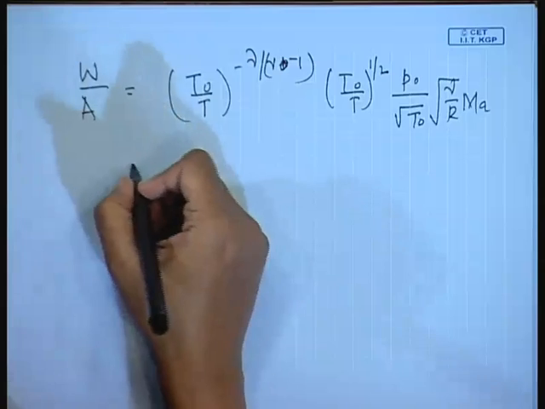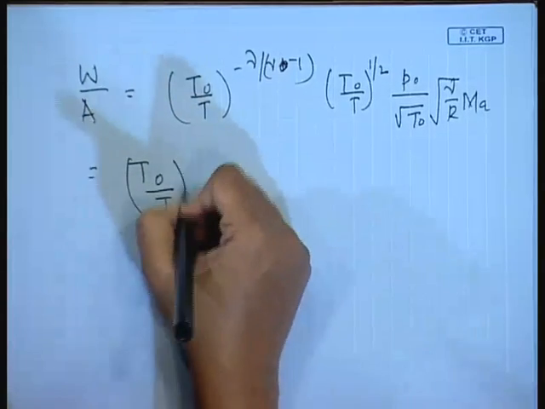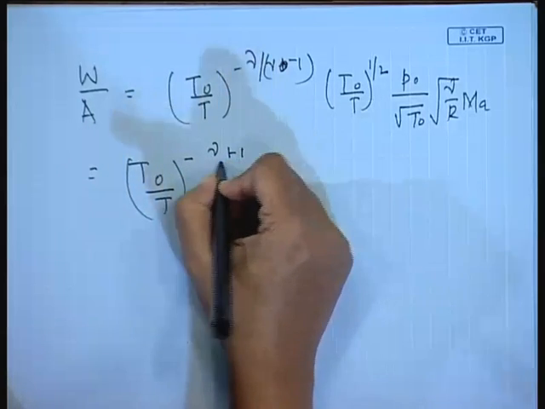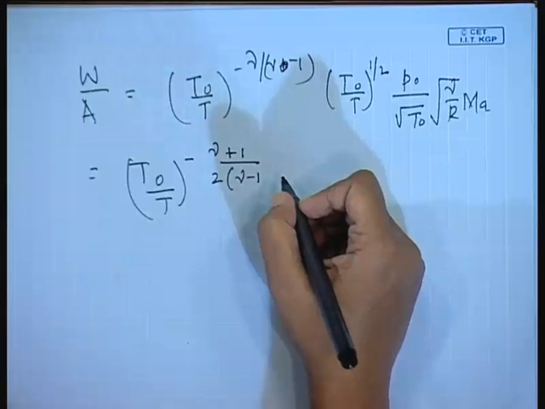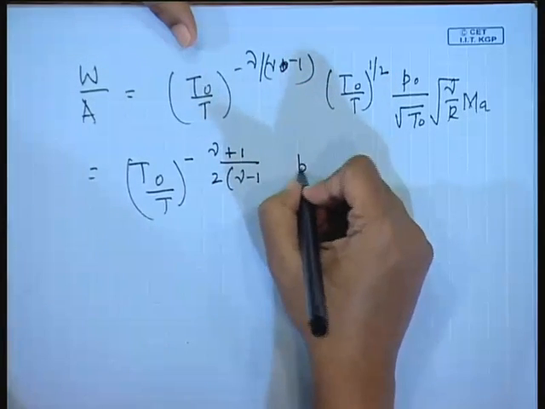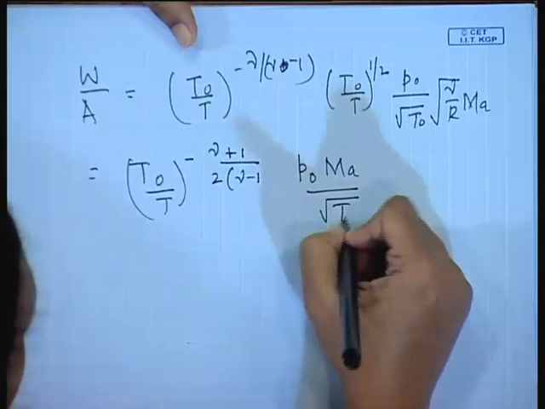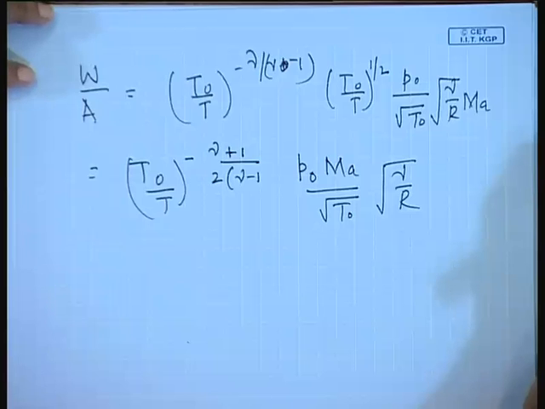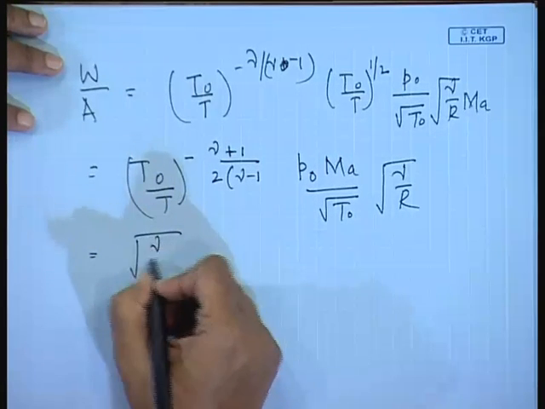Then I can write this as T0 by T whole to the power minus of gamma plus 1 by 2 into gamma minus 1. I have combined these two terms, and then it comes as P0 MA by root T0, root over of gamma by R.